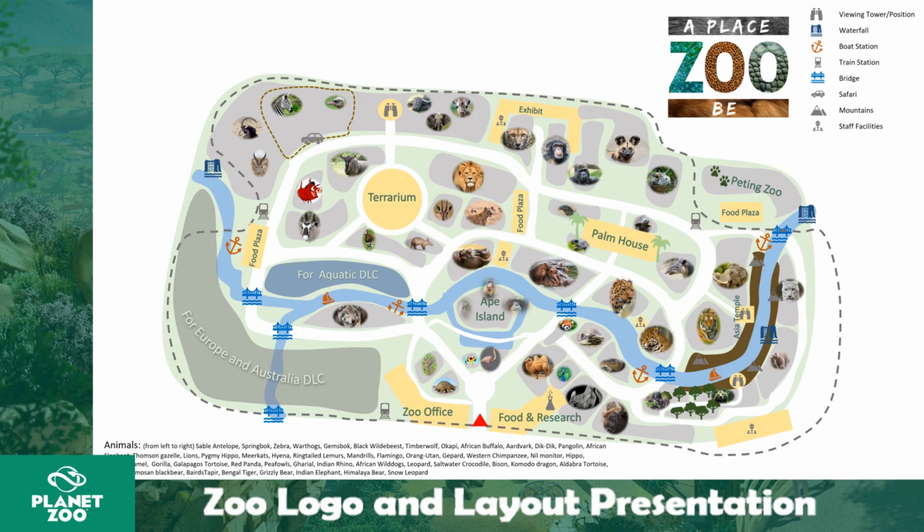The second thing I would like to ask you is, please help me to get decided if I should do this all in a sandbox mode or if I should do this in a franchise mode. The advantages of the sandbox mode: if we have these animals, we could already start right from the scratch to build this. If we have a franchise mode, we might not be able to buy the animals that we plan in the entrance, and we have to do it a little bit different and then change it afterwards.